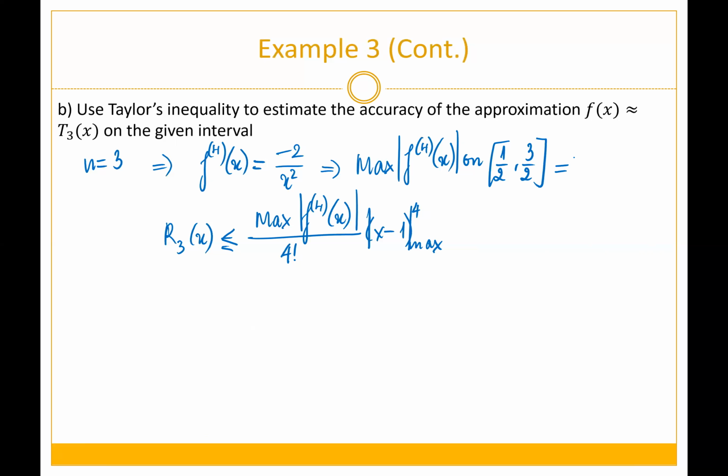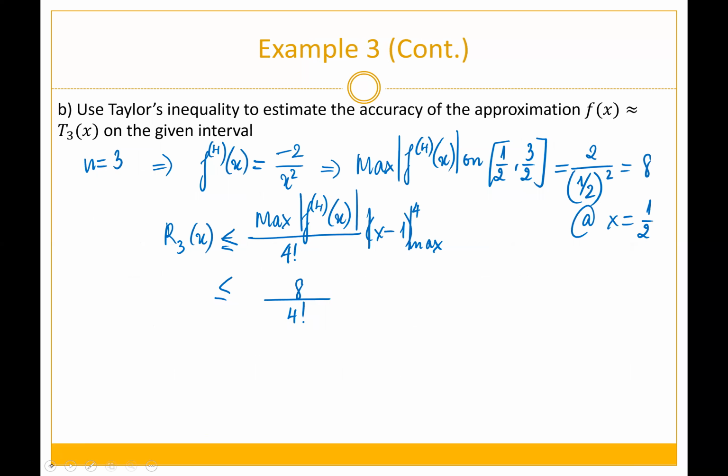So it's equal to 2 over one half squared, because one half is the smallest here. That is equal to 8 at x equal to one half. So this one is smaller than or equal to 8 over 4 factorial.